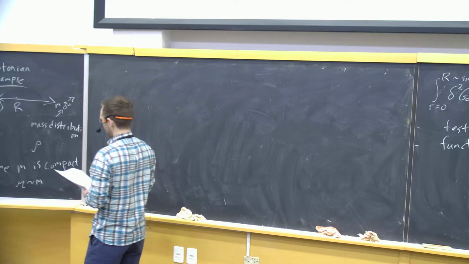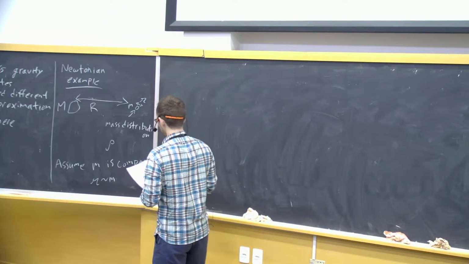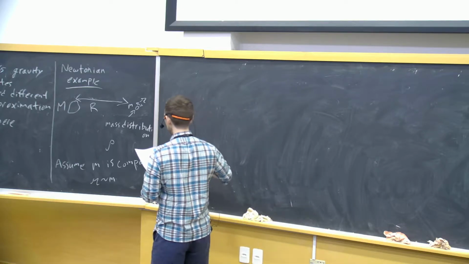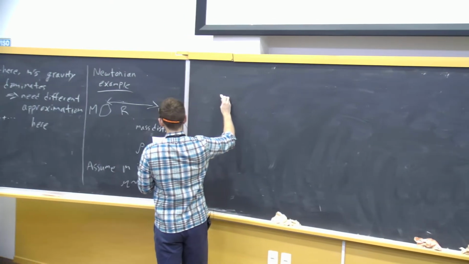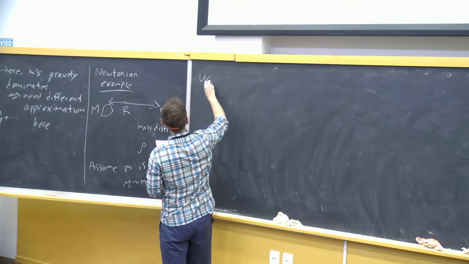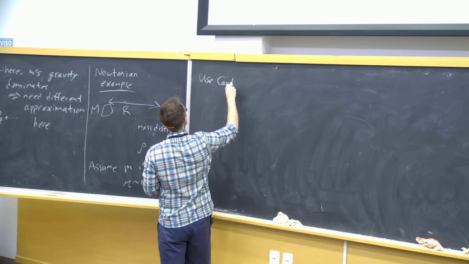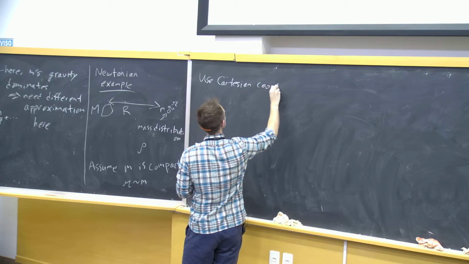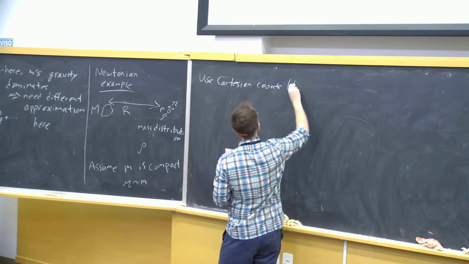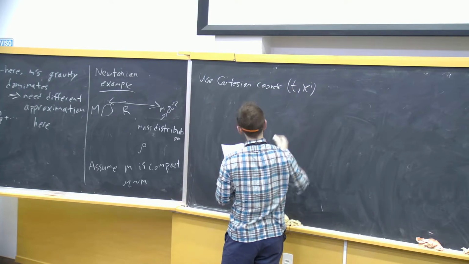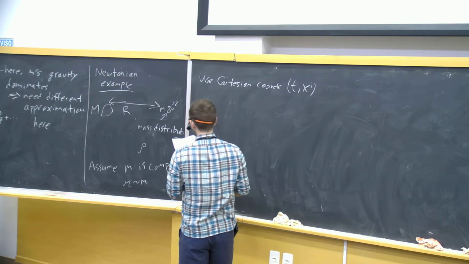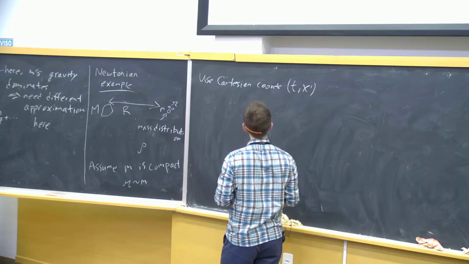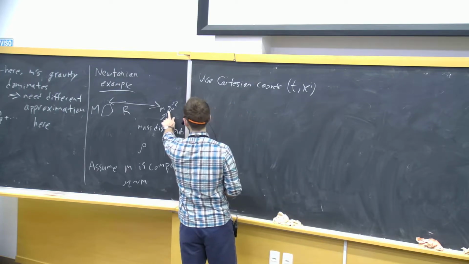So it's not what you normally do in Newtonian physics, but let's go with it. Let's use Cartesian coordinates t, x^i, centered on the small object. So x^i equals 0 will be inside the object.